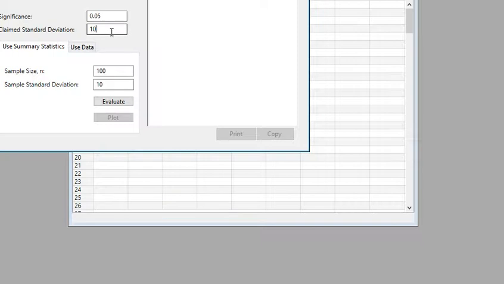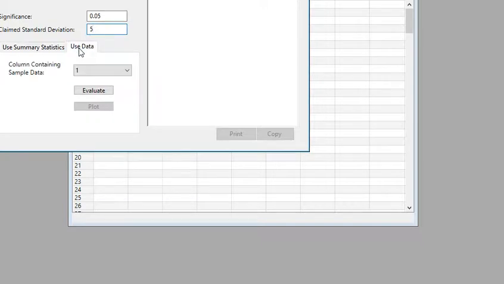5% significance level. Claim standard deviation is going to be 5. And again, use data. We don't have summary statistics, although depending on the problem, you could do it with summary statistics. The data is already in column 1, so when it's all set here, one thing we should check, and fortunately it's already done for us, is the form of your alternative hypothesis.